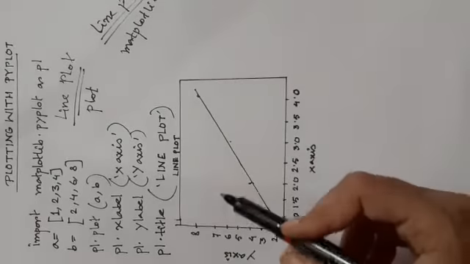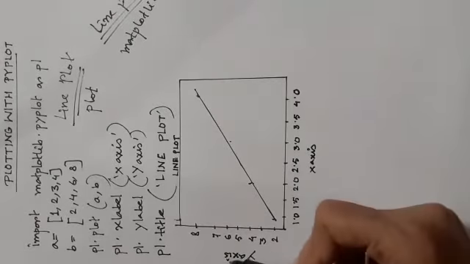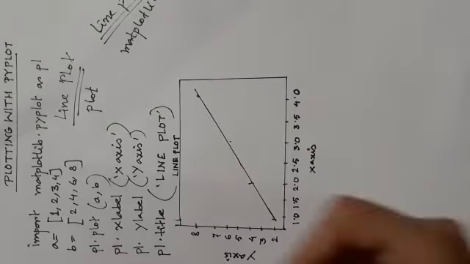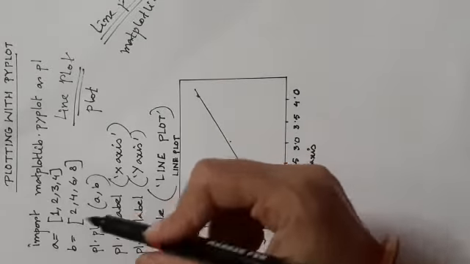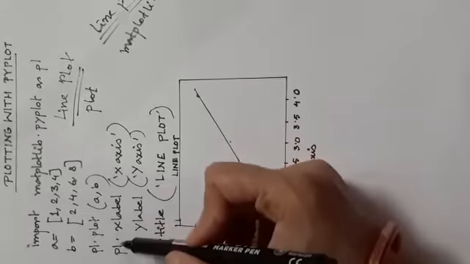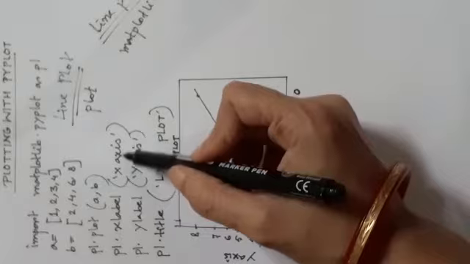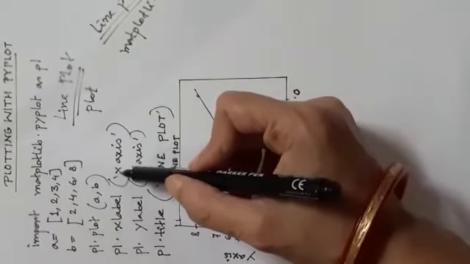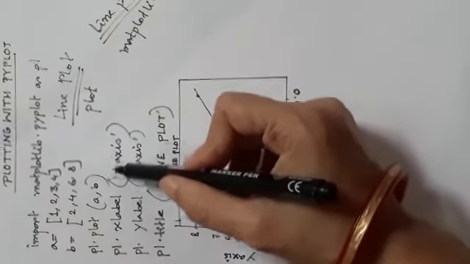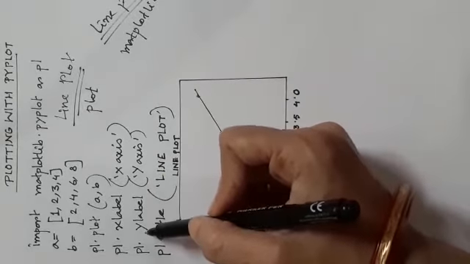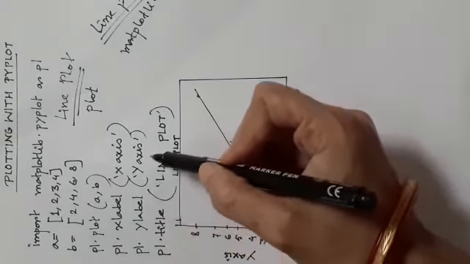Now suppose you want to give some labeling on the x and y axis. How will you do it? For that also a ready-made function is present. The function name is xlabel, under matplotlib.pyplot. pl.xlabel, whatever you want to label on the x-axis. I have written only x-axis as a string within inverted commas. Same with ylabel. For y-axis labeling, pl.ylabel, y-axis.